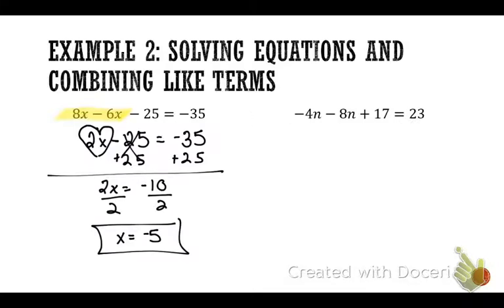Is this same sign or different? Same. So you're going to add them together and keep the common sign. Okay? Same sign, add and keep. Negative 12n. All right? Does everybody see how I got negative 12n? All right? Plus 17 equals 23.